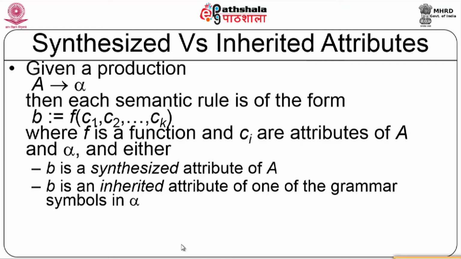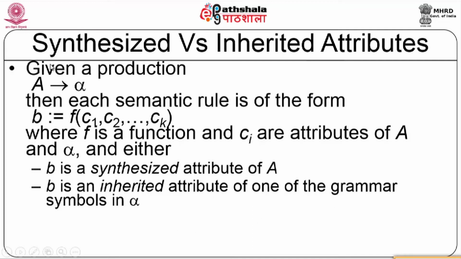So, for example, take a production, A produces alpha, and suppose you have a semantic rule for this production as B := f(C1 to Ck), where f is a function and Ci are attributes of A and alpha. In that case, B is a synthesized attribute of A, and B is also an inherited attribute of one of the grammar symbols in alpha.